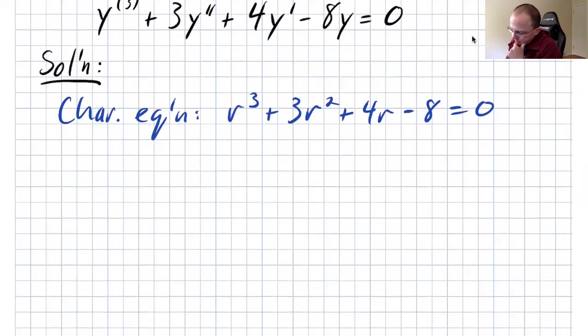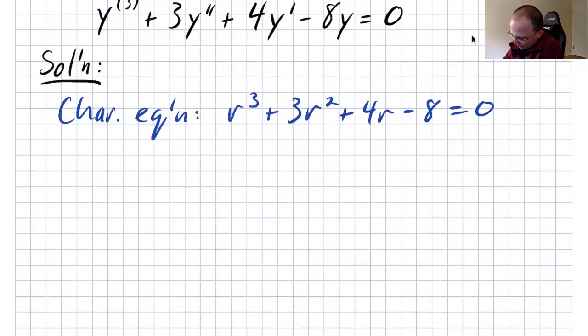Well, in this form, it's a little bit tricky to see how to factor this. We see that there's this minus 8 here. So we know that we should have something like 1, minus 1, 2, minus 2, or 4, minus 4. One of those is going to be a root. So we can test each of them.